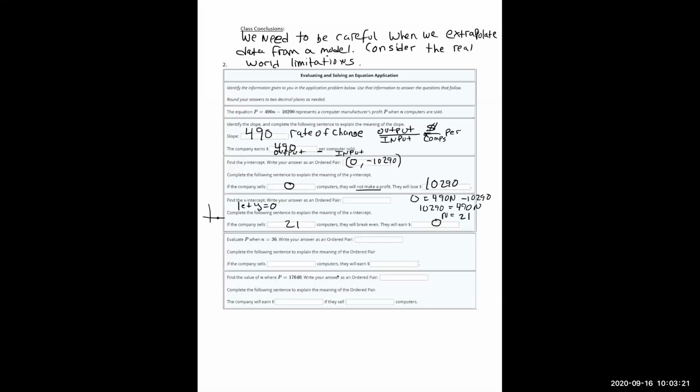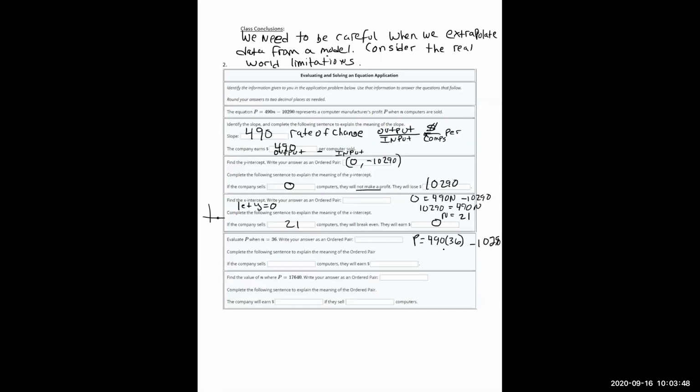All right, now let's evaluate P when n is 36. So this is telling us that we are selling 36 computers and we want to figure out what our profit is. So we're going to substitute 36 into our equation for n. So our profit is equal to 490 times 36 minus 10,290.